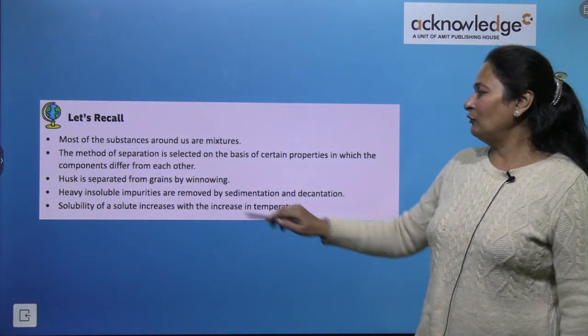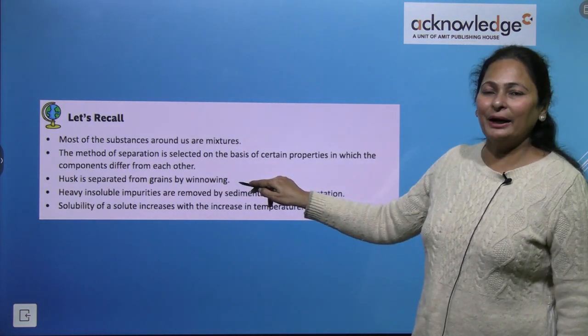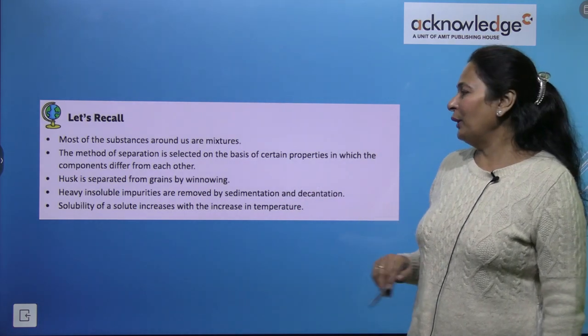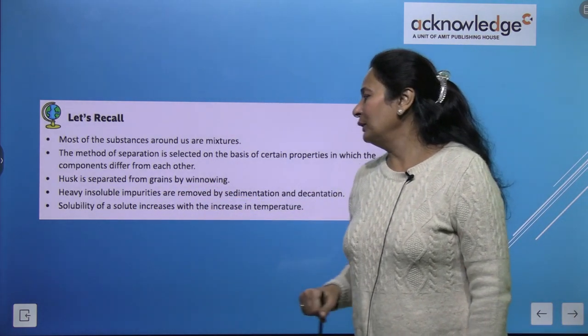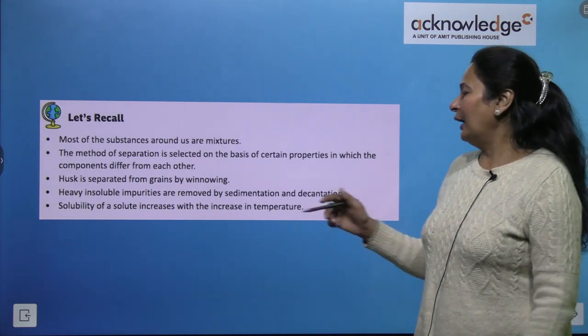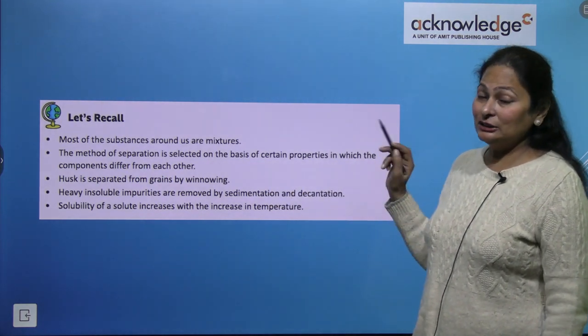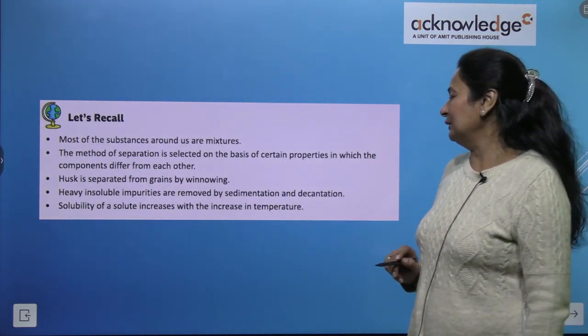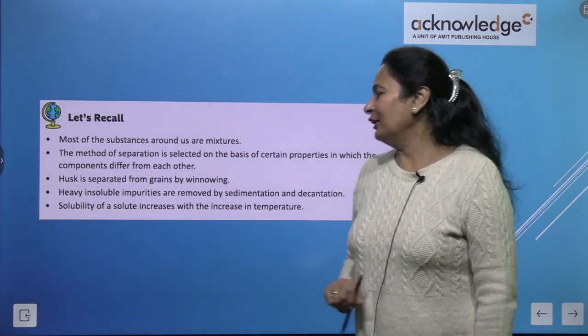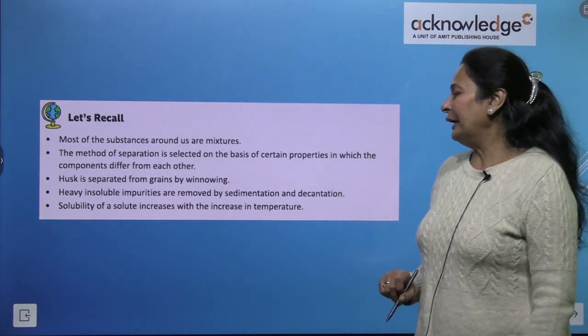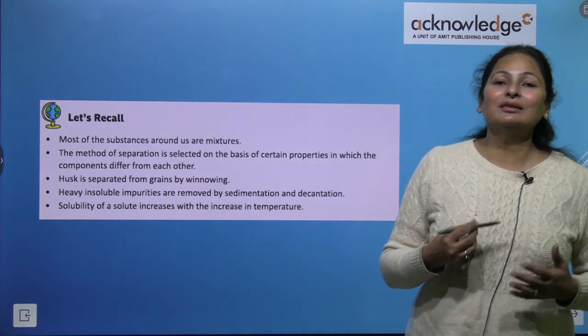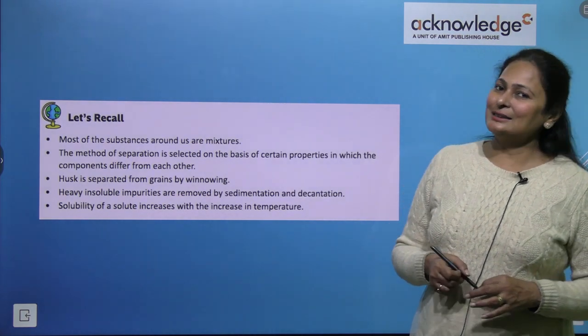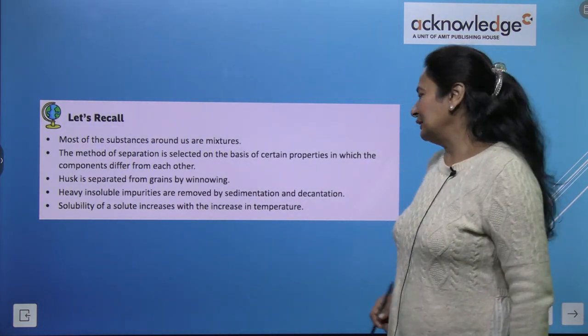Husk is separated from the grains by the process of winnowing. Heavy insoluble impurities are removed by sedimentation and decantation. The solubility of a solute increases with the increase of temperature.